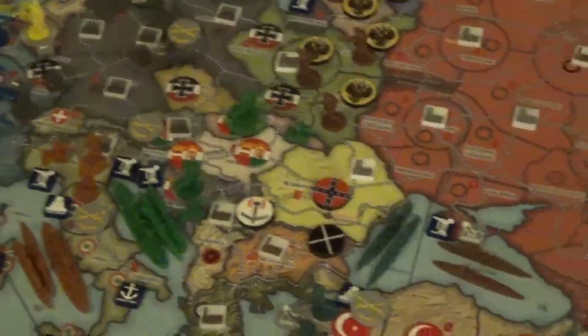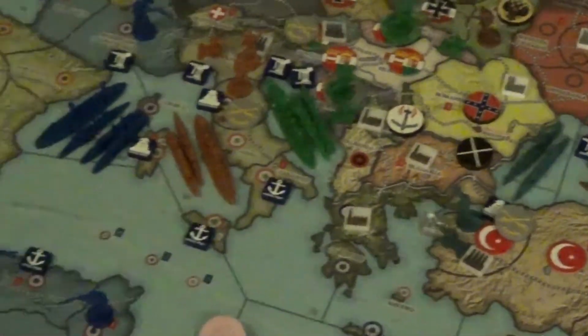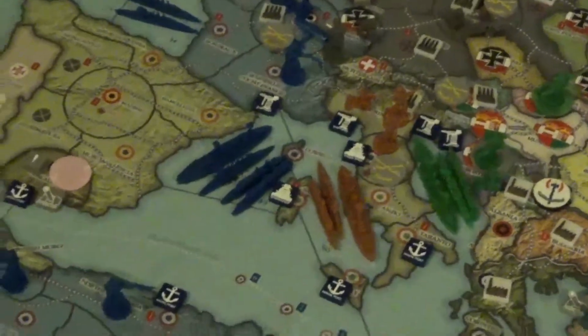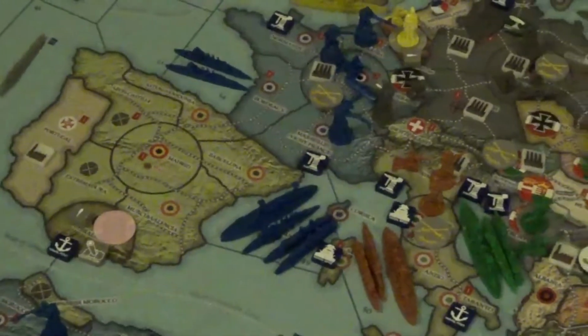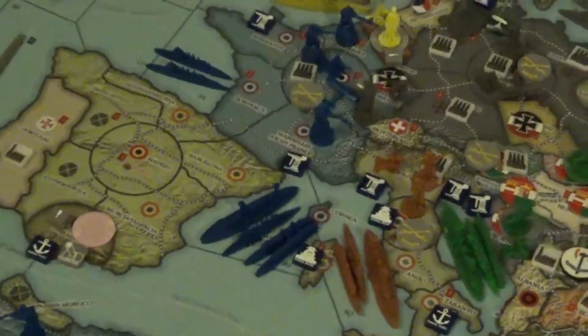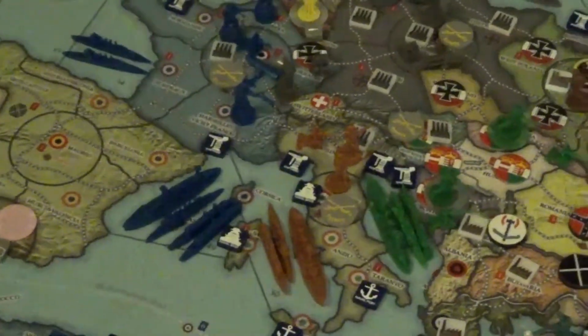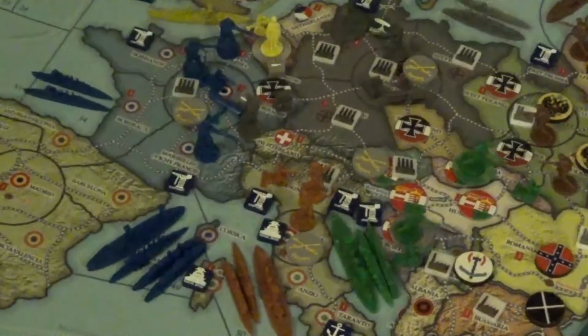And see, that's all I can really think of. I'm sure as soon as I shut off this video, I'll think of something else. But whatever I've forgotten to mention, we'll pick up in the actual turns. So with that, we'll come back with the first turn, which is the 1911 turn. I can't remember if it's fall or spring.